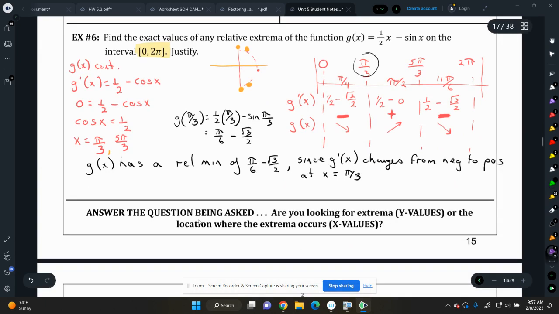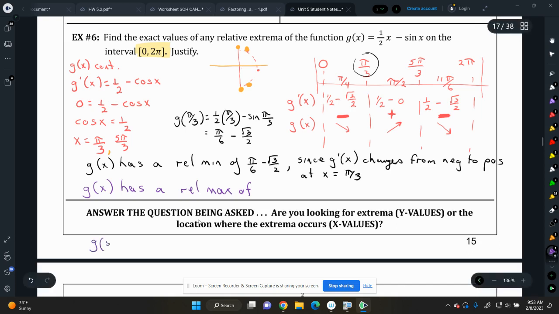Okay. G of x has a relative max of, well, where's the relative maximum occurring? 5 pi over 3, right? So I need some space here. I'll go down here.